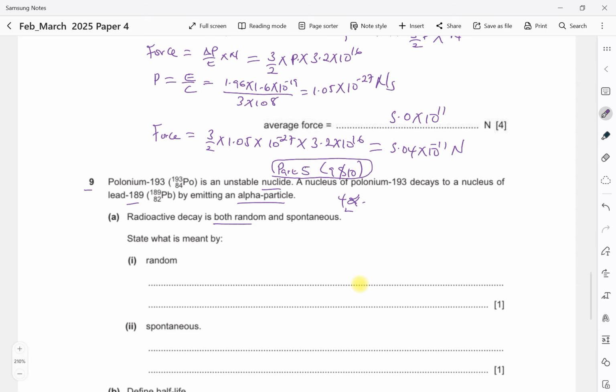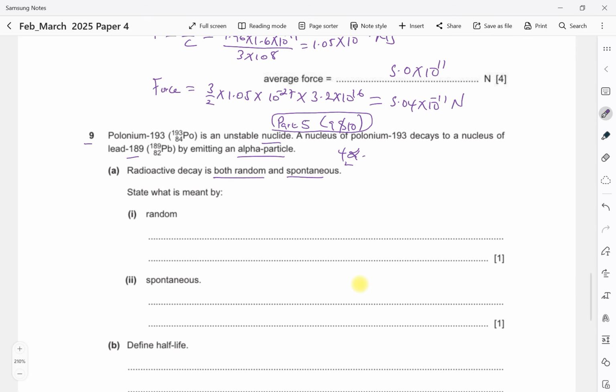Radioactive decay is both random and spontaneous. State what is meant by random. Of course, random means we cannot predict which nucleus in a given sample is going to decay next. And spontaneous means nothing in the environment affects or influences the decay.